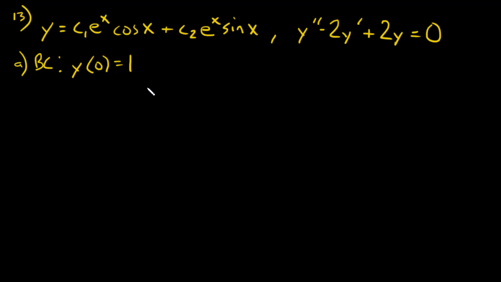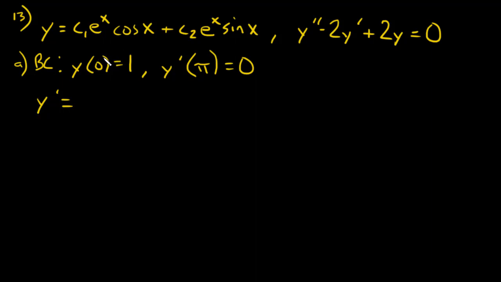So y at 0 is 1, and y prime at pi is 0. Okay. So I need to know my y prime expression, because I'm going to have to use it for this one. So y prime is going to equal, well, what do I have here?